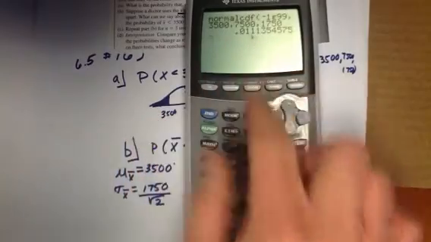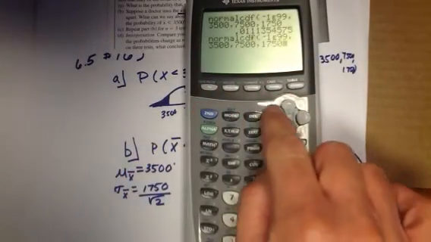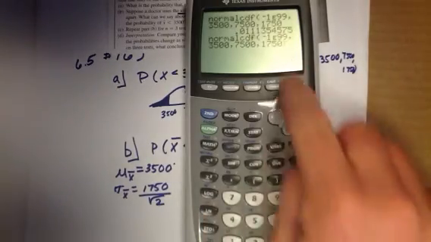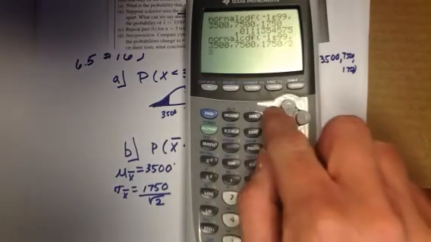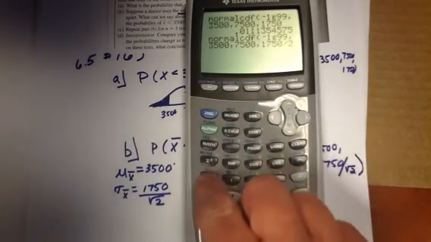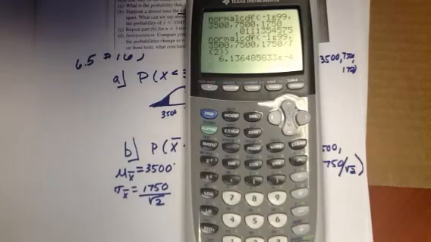So to bring up the last thing I typed in on my calculator, I'm going to hit second enter. And now it allows me to type at the end, and I do divided by square root of 2. That's the only thing we have to do different here.